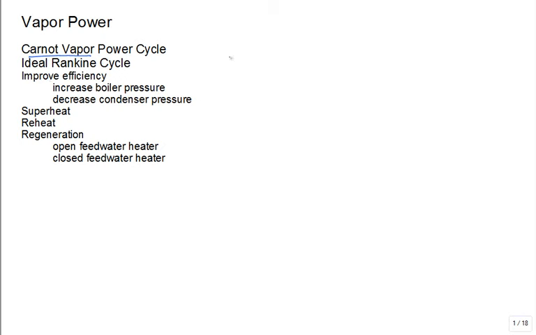The thermal efficiency of the ideal Rankine is less than the thermal efficiency of the Carnot. True? Then we want to look at how to improve the efficiency starting from the ideal Rankine, the practical Carnot. And we'll take a look at a number of those techniques today.